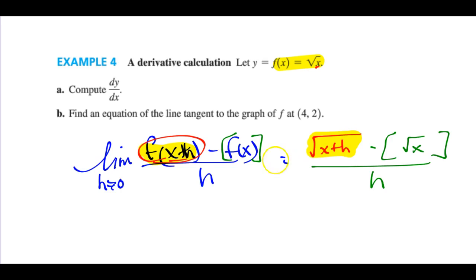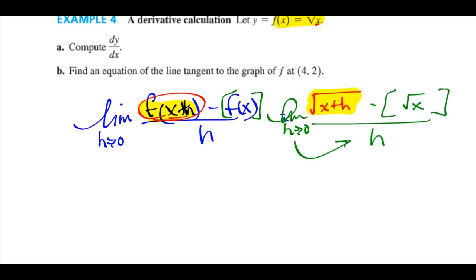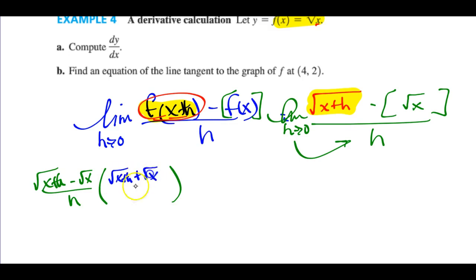So now you may ask, well, how do I take the limit of that? I can't do direct substitution because if I try to plug in a 0, I'm dividing by 0, and that simply won't work. So the answer is the conjugate. So we're going to take this and multiply by a unique value of 1 that will help us rationalize not the denominator, but rationalize the numerator.